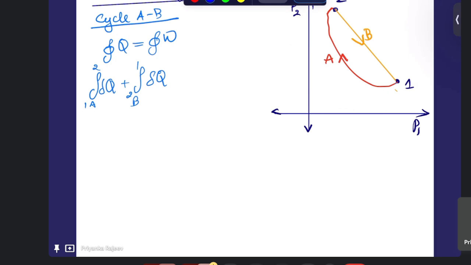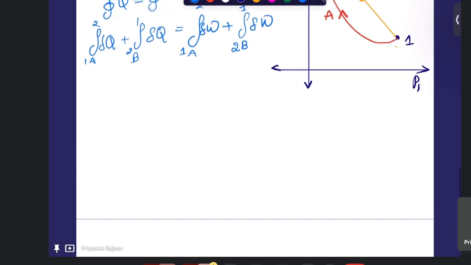Then again from 2 to 1 over path B I am calculating delta Q. That is equal to, again for work, I can take from 1 to 2 delta W over path A plus from 2 to 1 over path B delta W. Okay. So this is one equation that I'm getting.